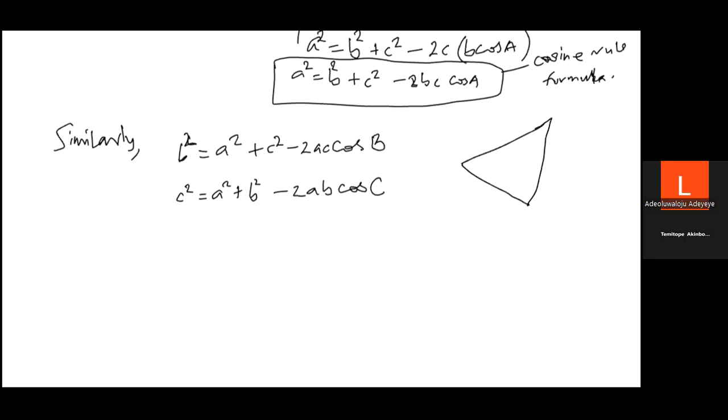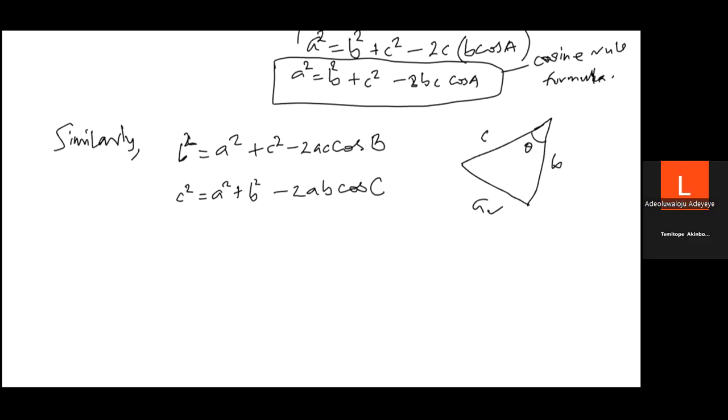A, B, and C. If I know sides B and C, and I know the angle between them, this angle here, I can use the cosine rule to determine side A, because the known angle between sides B and C is facing side A.